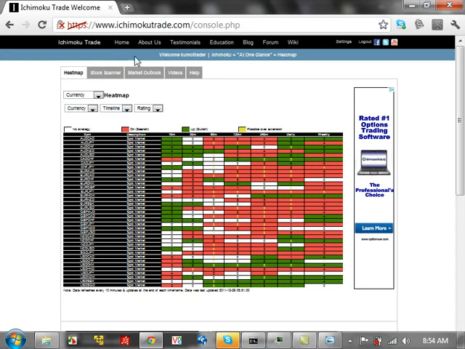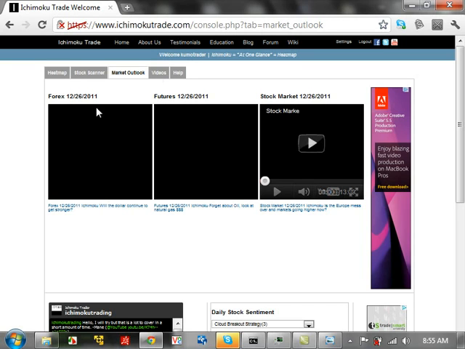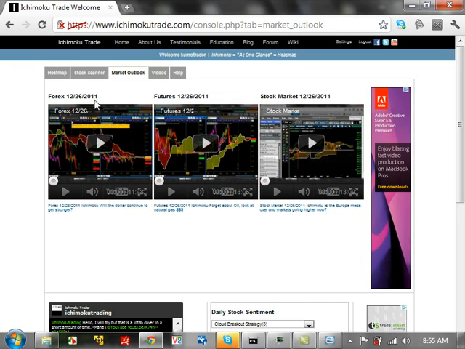Okay. Under the tablet, you basically have 5 main sections. We've already gone through the help and the video. Market Outlook basically gives you our weekly outlook of all 3 markets, which is the Forex currency market here, the futures market, and then also the stock market here. Okay.